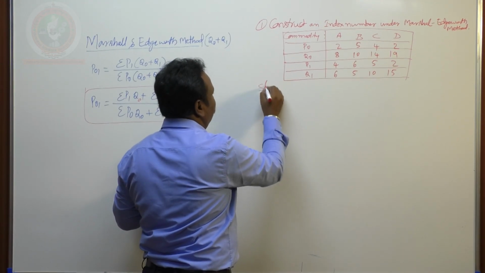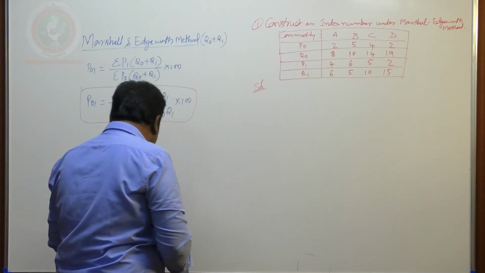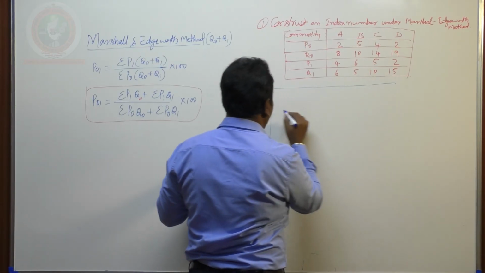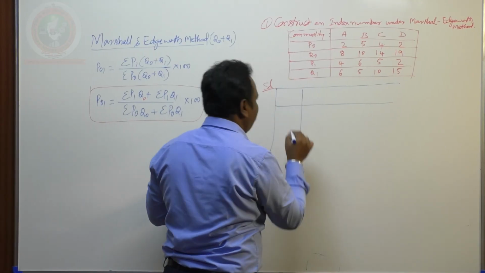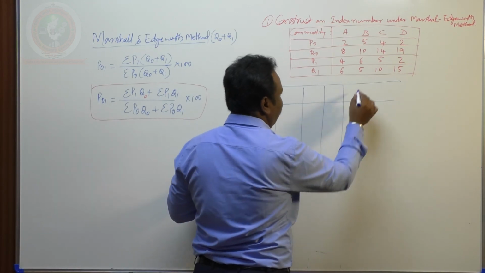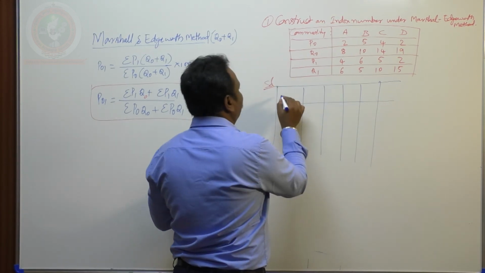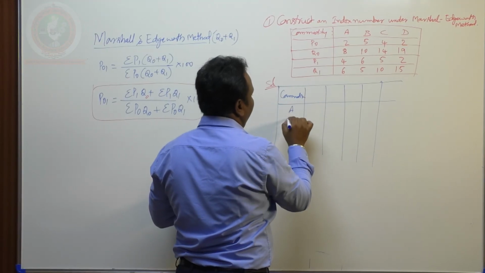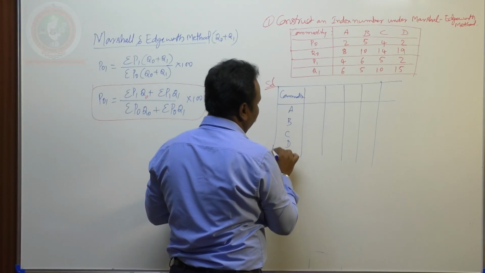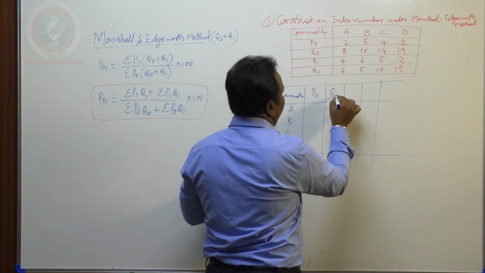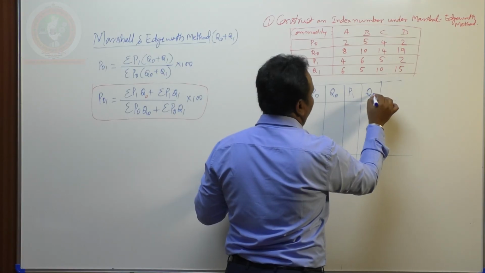Now for the solution, you have to prepare a table for the calculation, with the commodity, base year and current year prices and quantities. The commodities are A, B, C and D, 4 commodities, with P0, Q0, P1, Q1.